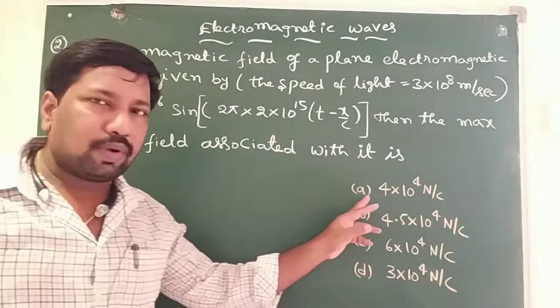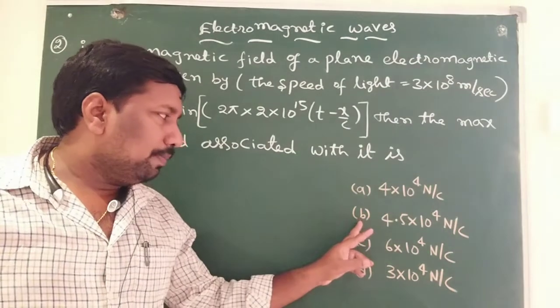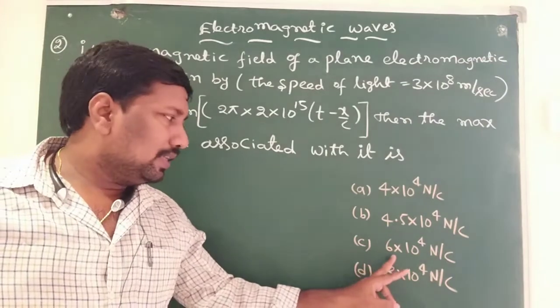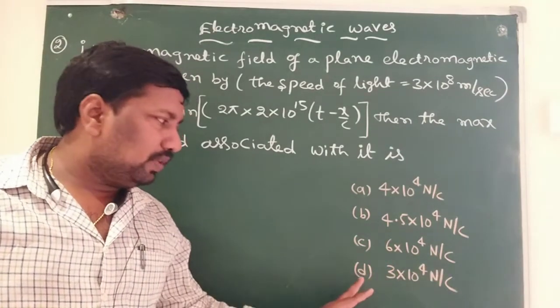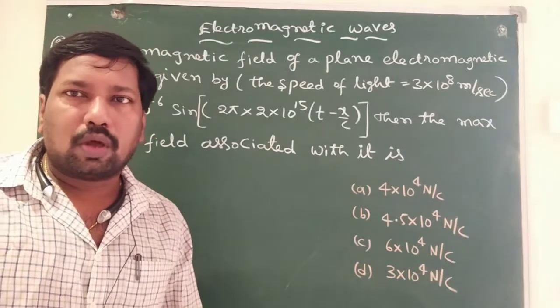Option A is 4 into 10 power 4 Newton per coulomb, B is 4.5 into 10 power 4 Newton per coulomb, C is 6 into 10 power 4 Newton per coulomb, D is 3 into 10 power 4 Newton per coulomb. So you can solve this problem.